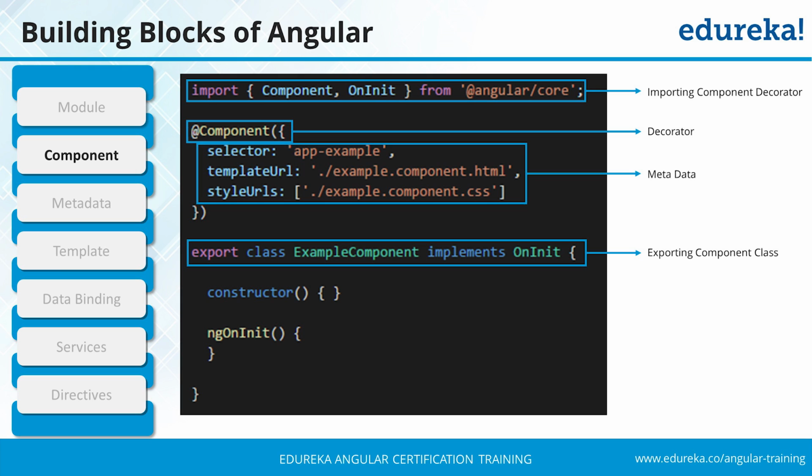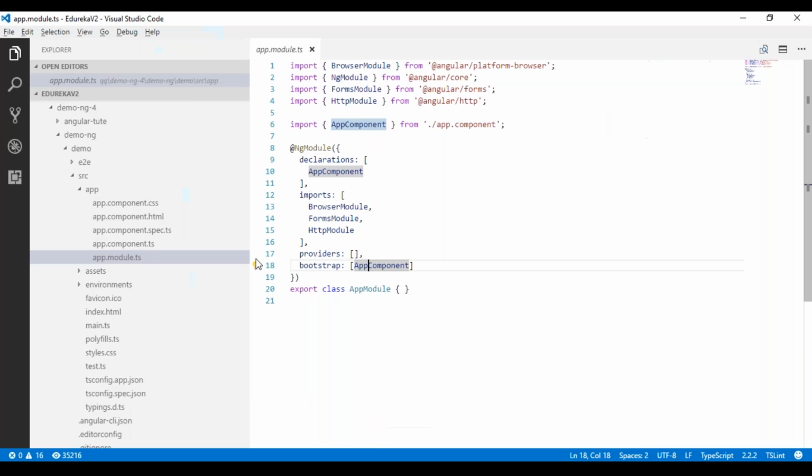The template will be the DOM that you are going to create. The DOM can have plain pure HTML tags or can have your own custom created tags, whatever you need in terms of creating a particular DOM template. It's completely on you. If you notice the app-example, that is the selector, that is actually your tag name that you're creating. So in our case, the app component will be created as app-root.